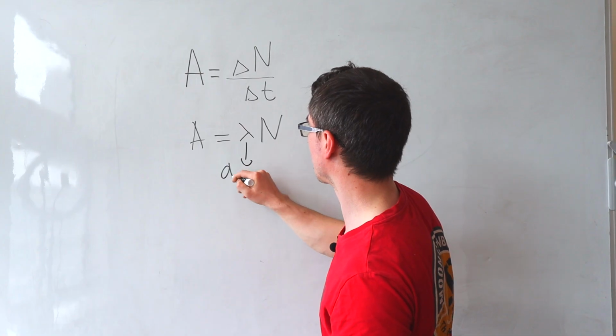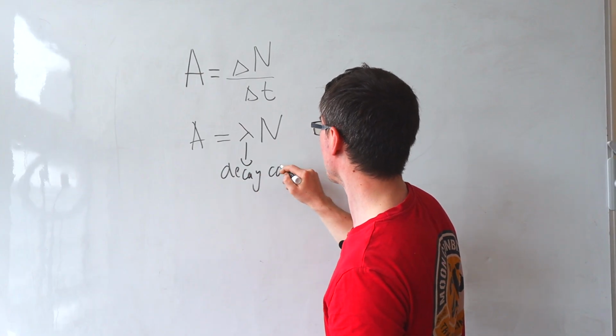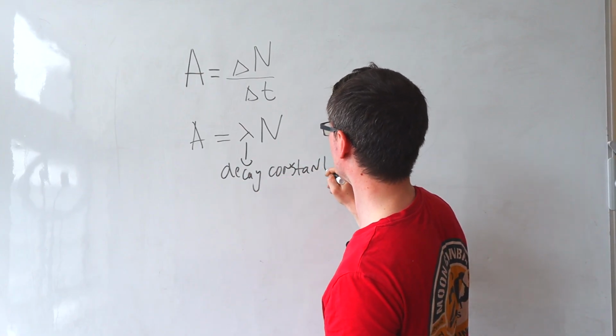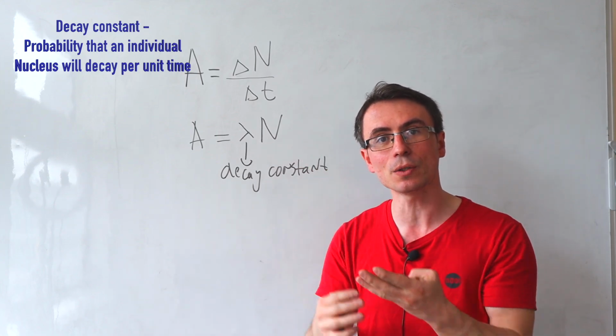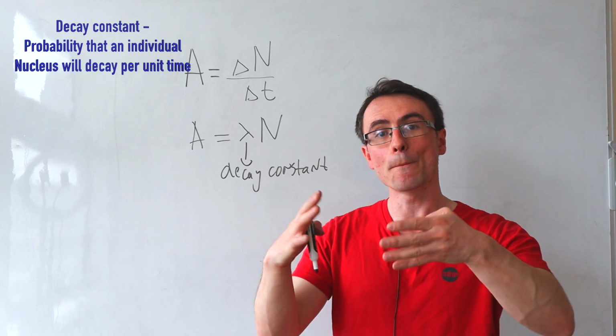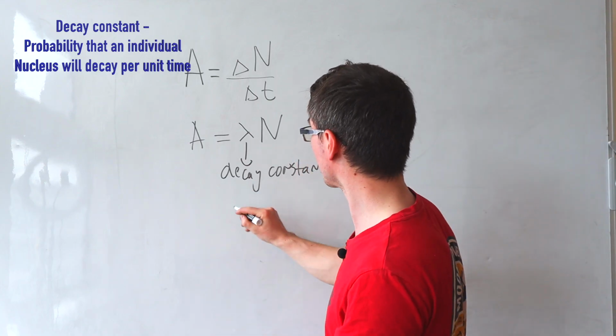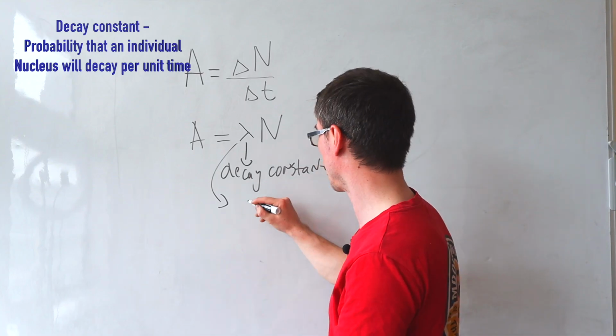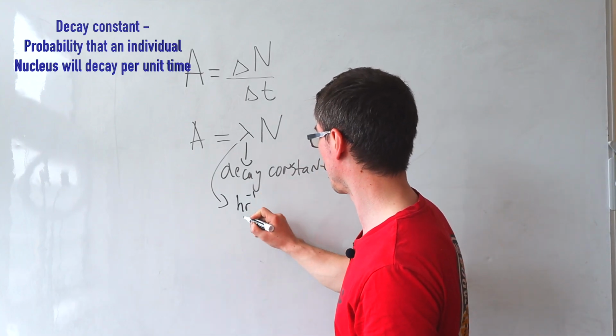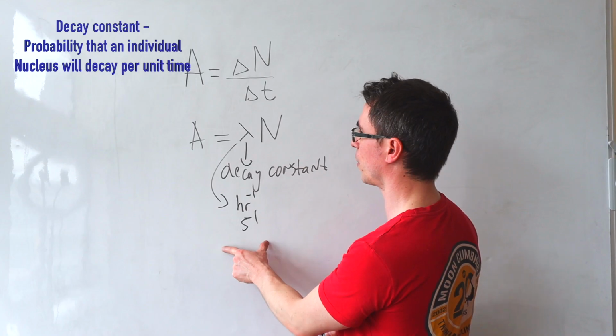The decay constant. The decay constant is defined as the probability that a single nucleus will decay per unit time. Because of that, it has units of time to the power of -1, such as hours to the power of -1 or seconds to the power of -1.